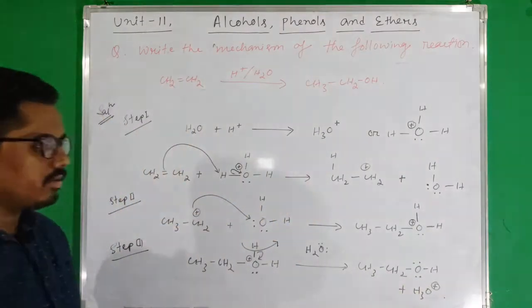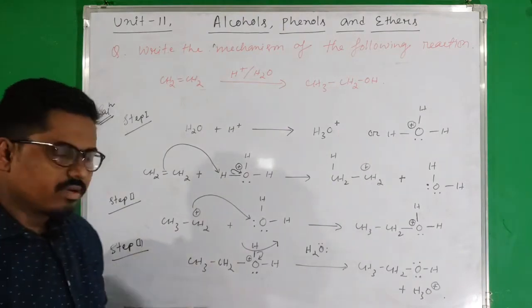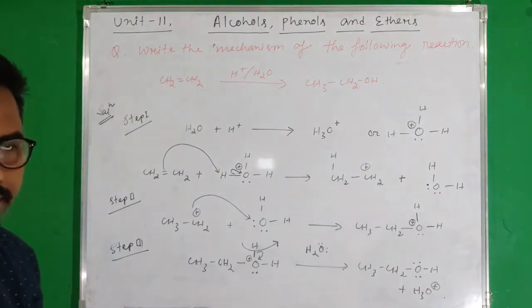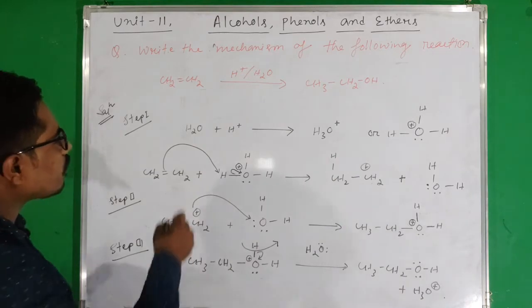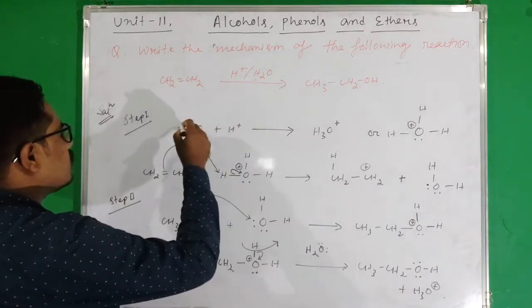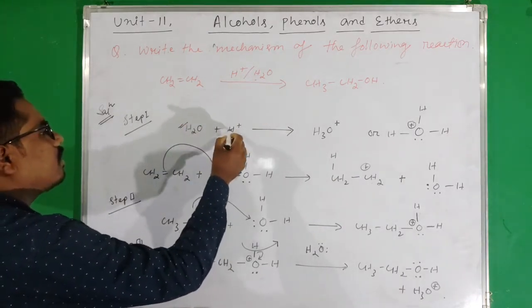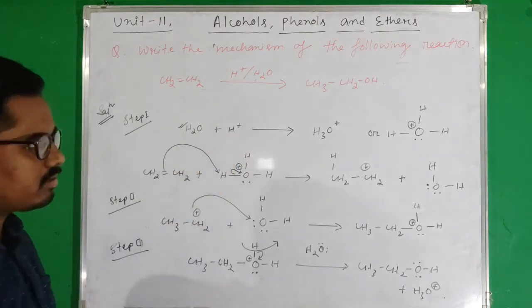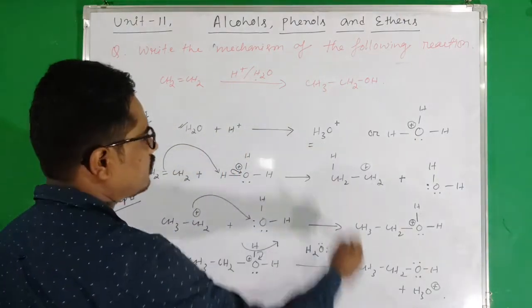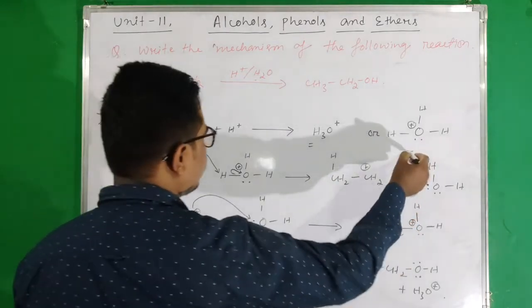That means hydronium ion. So this was the mechanism for this reaction. So you have to remember that water molecule will attach with the H positive ion to form hydronium ion. Okay, or this one is the hydronium ion.